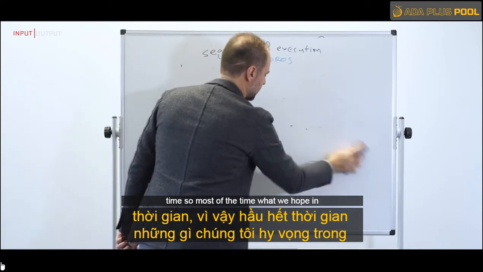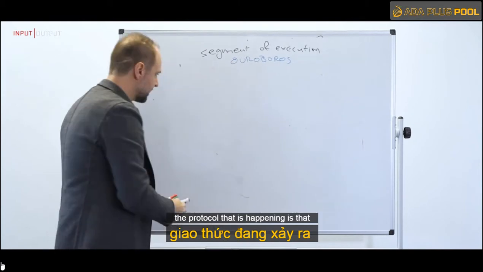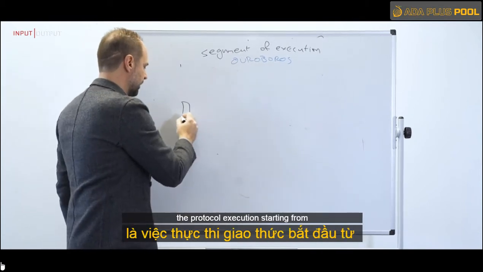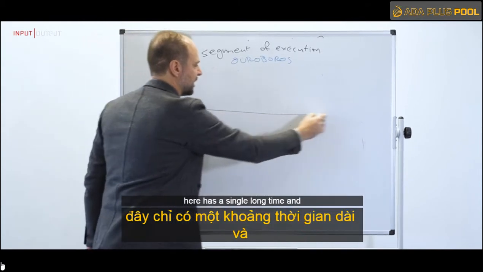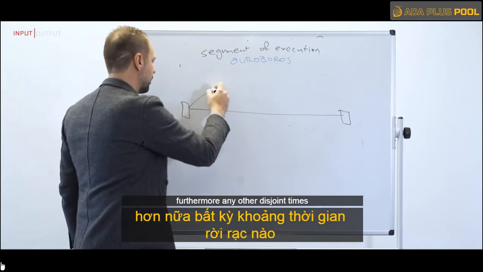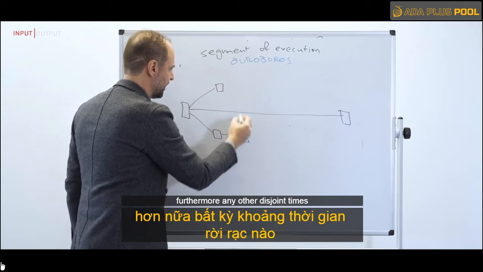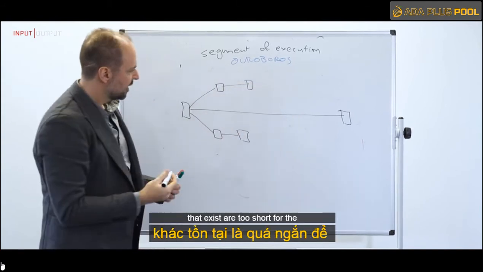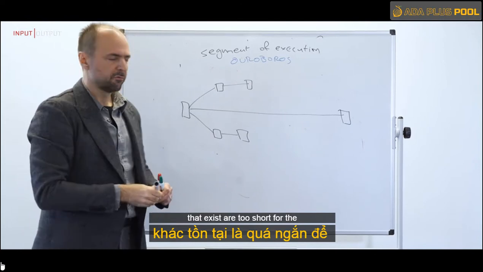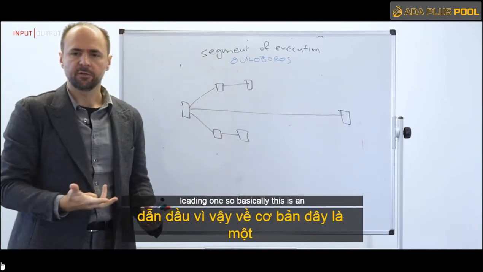So most of the time what we hope is happening in the protocol execution, starting from here, is that it has a single long tine, and furthermore any other disjoint tines that exist are too short for the adversary to reach the leading one.